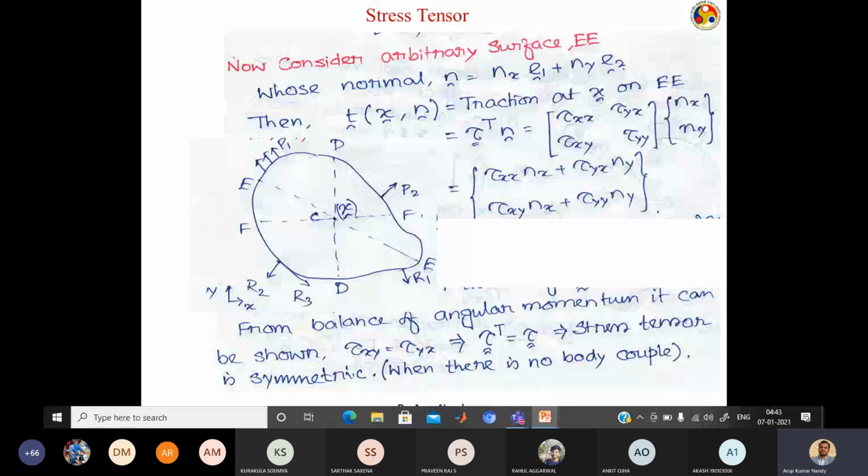Generally, it is not present in physical systems, so we can assume there is no body couple. Under that assumption, it can be shown that tau xy equals tau yx. The proof is not part of this course, so you just know this as a statement, and this can be proved from balance of angular momentum.